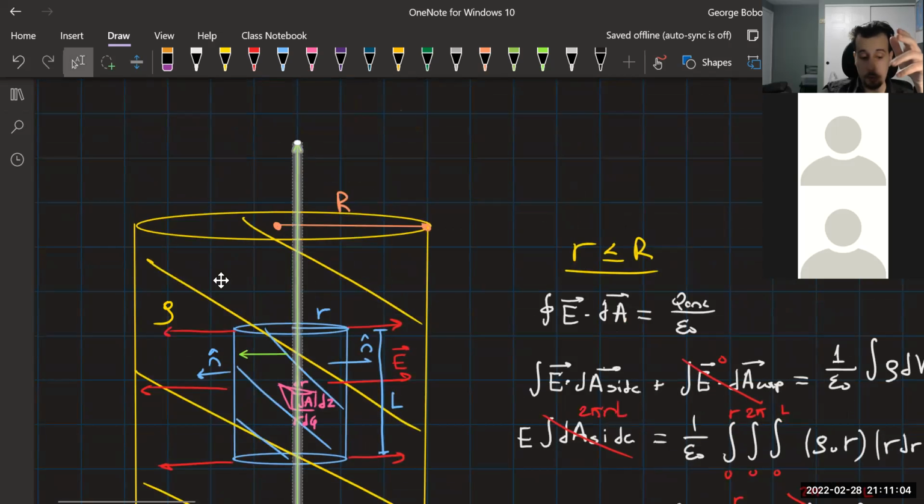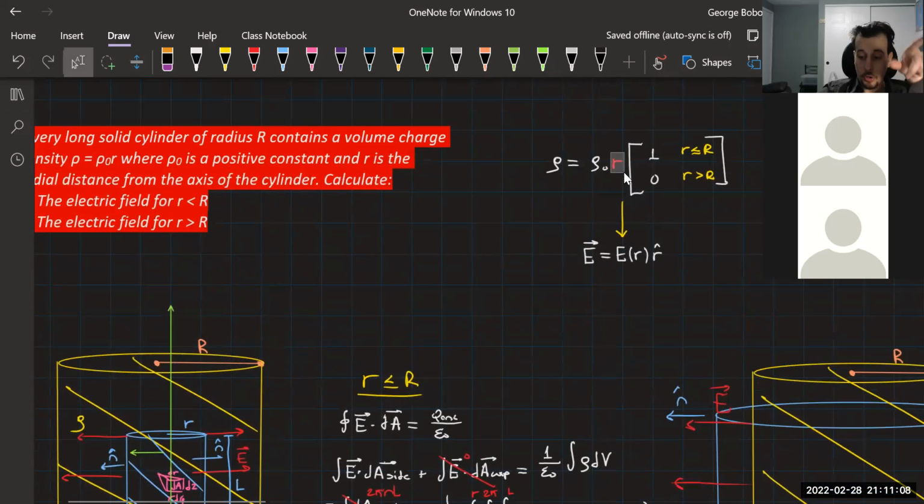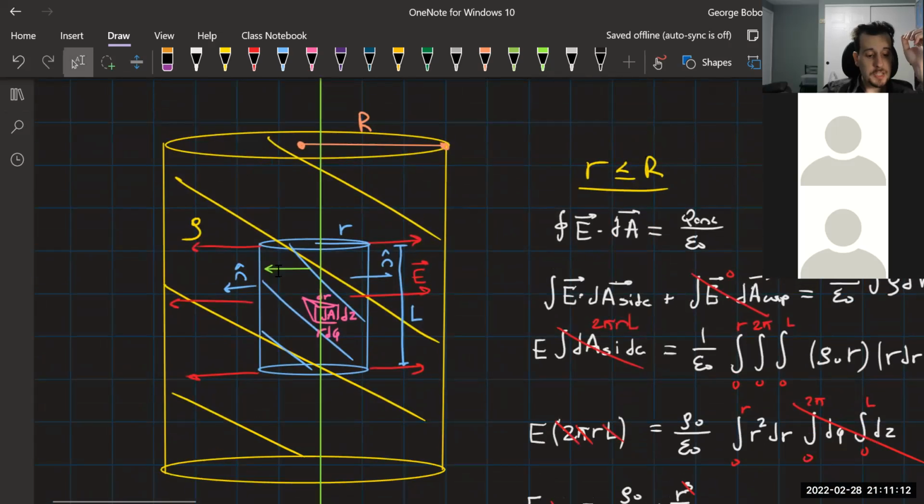And according to the formula for our charge density, it only depends on R. So all the points that are sitting on that side of the cylinder, and conversely, on the other side over here, are all sitting at the same value of R, guaranteeing that the charge density on the surface of the cylinder is uniform.